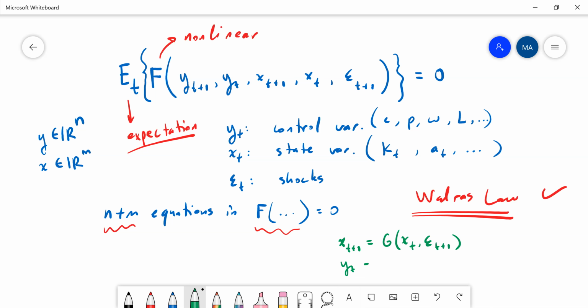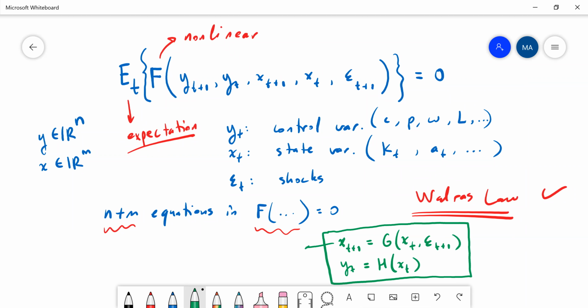And there is an observation equation, okay? Because decision makers base their decisions on the current state, and the state is evolving, all right?